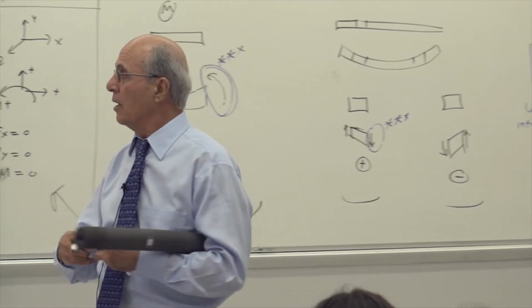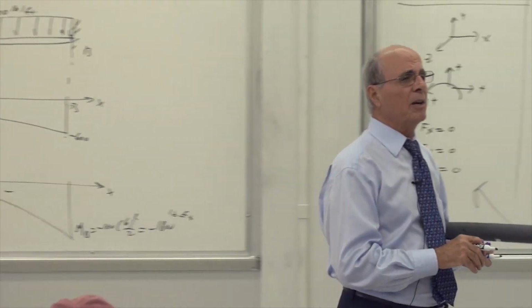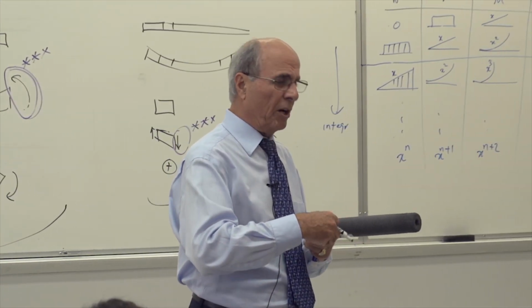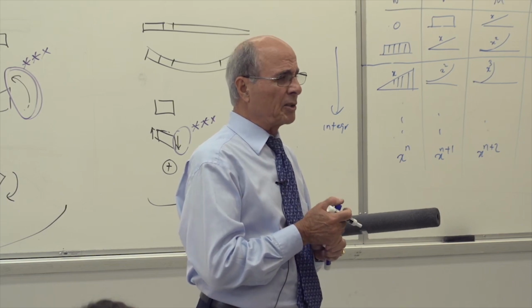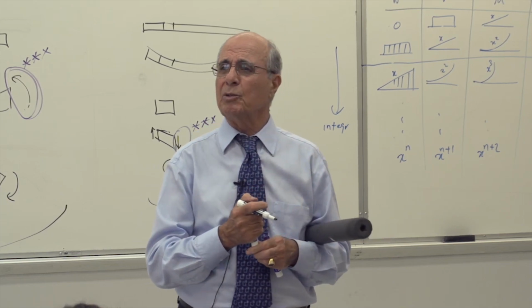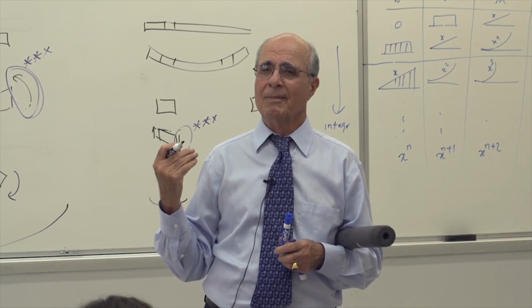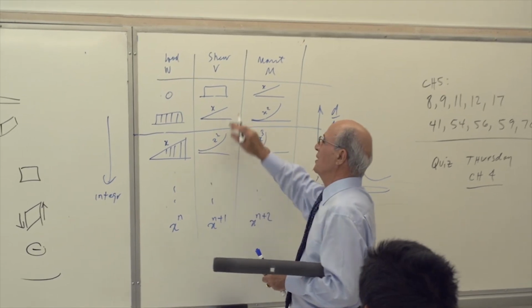Correct? Now, we are coming here. How do you find the highest value of a function in calculus? If I give you a function f(x), how do you find the peak? You take the derivative and put the derivative equal to 0. What's the derivative of M? The derivative of M is shear.